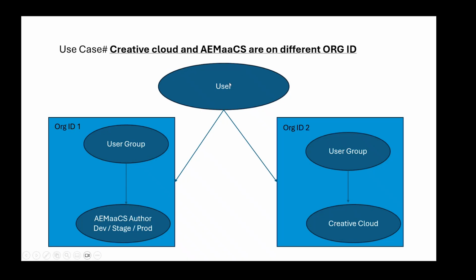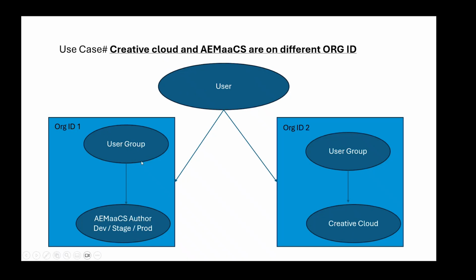So in that case, what you need to do, this is the very first use case. In this case, we are expecting our Creative Cloud and Assets Cloud are on a different org ID. So in that scenario, you need to first add a user in your Adobe IMS platform, and that user should be part of a group.